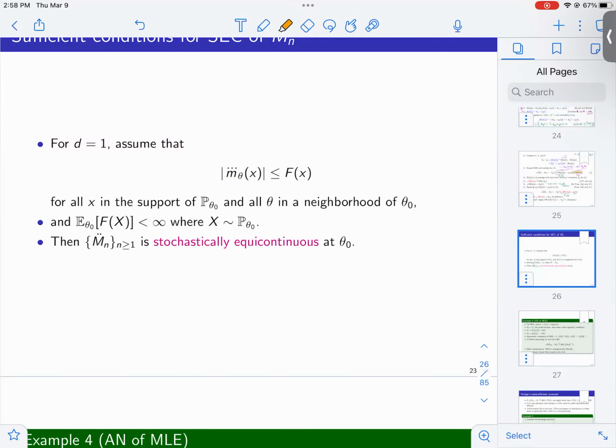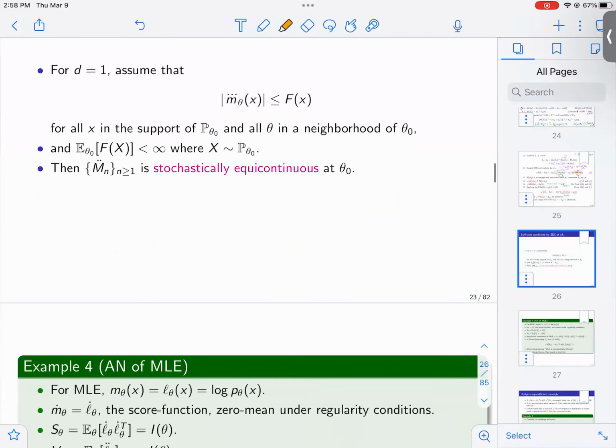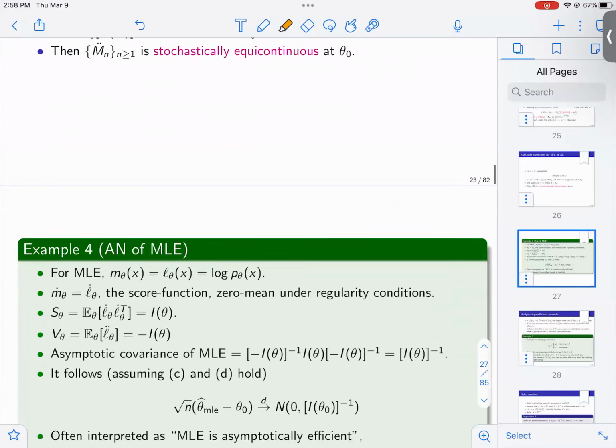If the triple derivative is bounded uniformly, then you have things going on, and that's how triple derivatives come in when people try to prove asymptotic normality of MLEs. If I remember, I'll post the homework problem, not formal homework, but you can try to prove it. Under these conditions, it's not hard to prove the stochastic equicontinuity. Okay.